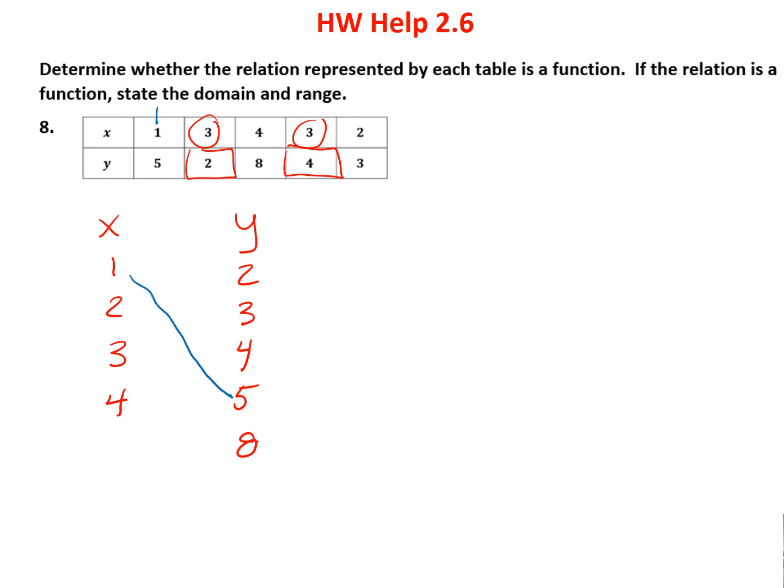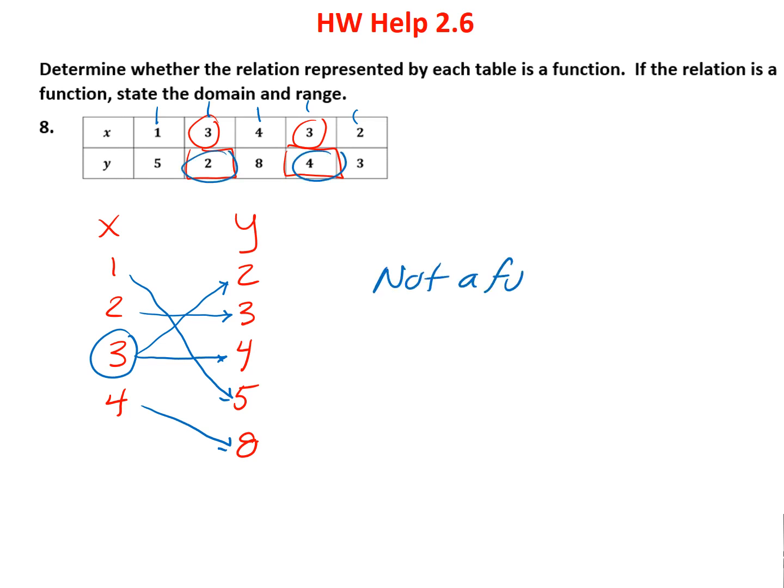So I map 1 to 5. 3 goes to 2. 4 goes to 8. 3 goes to 4, and 2 goes to 3. And you notice right here the number 3 goes to both 2 and to 4, and therefore it is not a function.